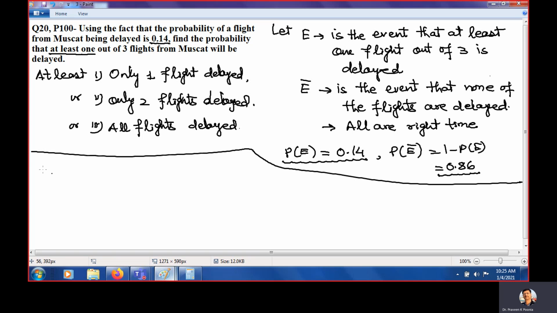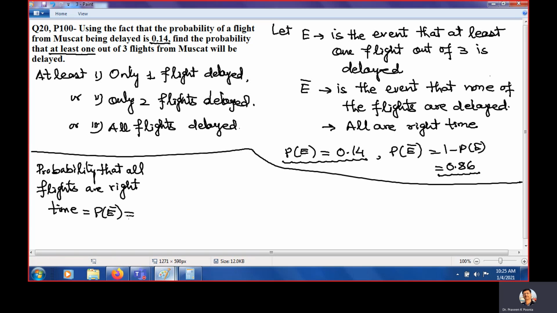Now we are coming to the question. Please listen carefully. Probability that all flights are right time is equal to probability of all right time.